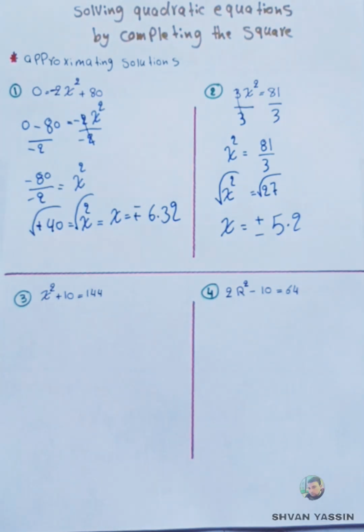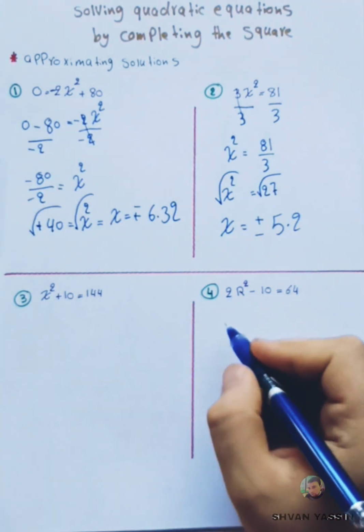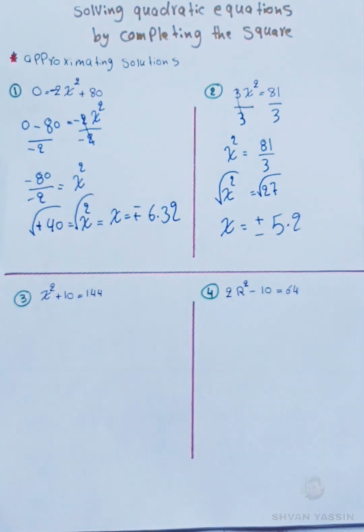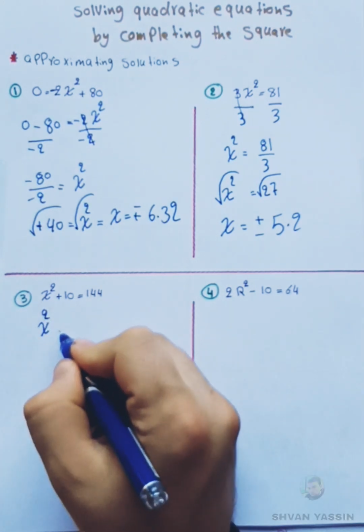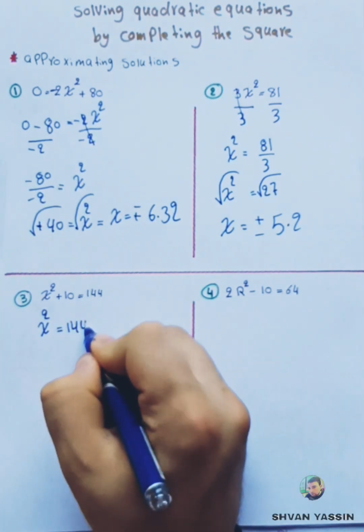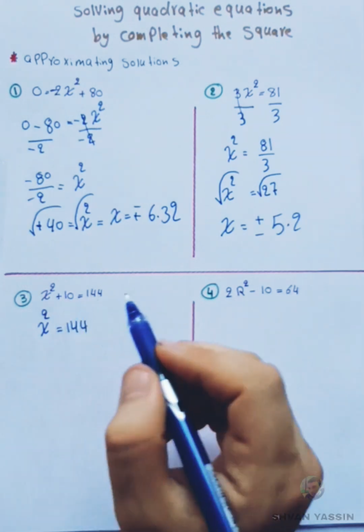Example number 3: we have x squared plus 10 equals 144. First step, you have to move the positive 10 to the right side.